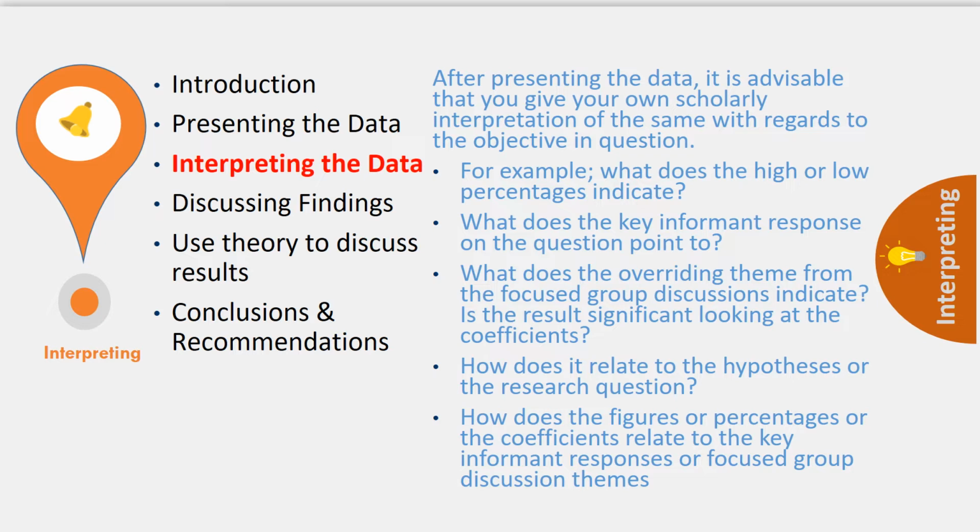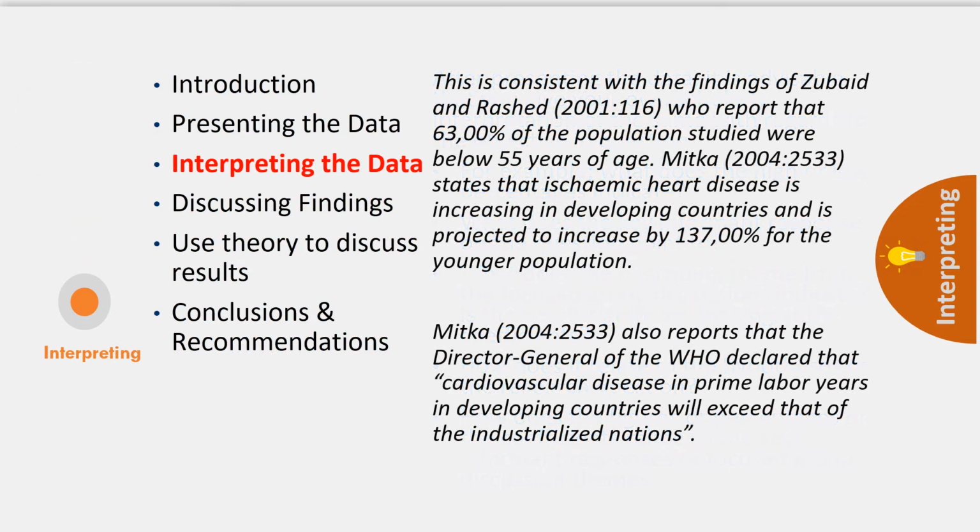How does it relate to the hypothesis or your research question? How do the figures, percentages, or the coefficients relate to the key informant responses or focus group discussion themes? So how does this all relate? What's your interpretation of the information that you've determined? It's really about interpreting the data.